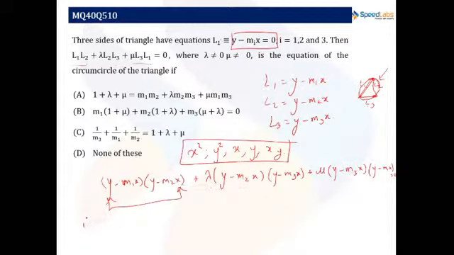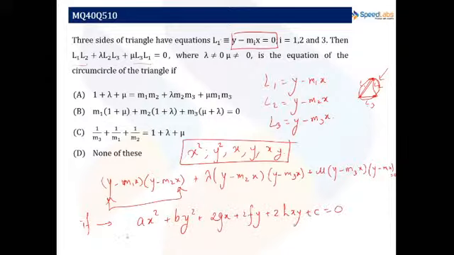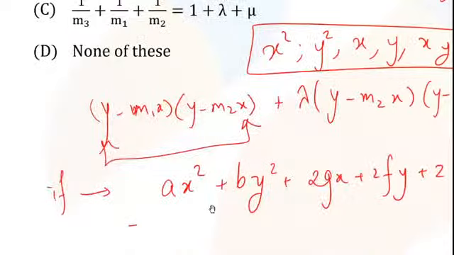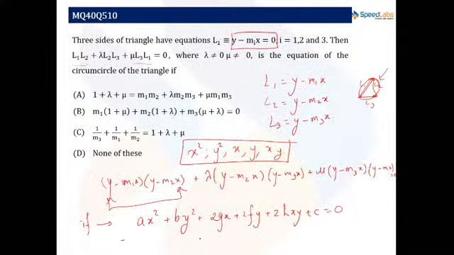We know that for a general conic, ax square plus by square plus 2gx plus 2fy plus 2hxy plus c equals 0, it will represent a circle only when a equals b and h equals 0.